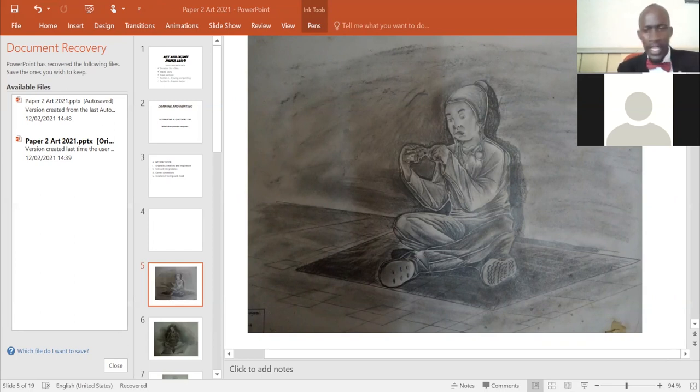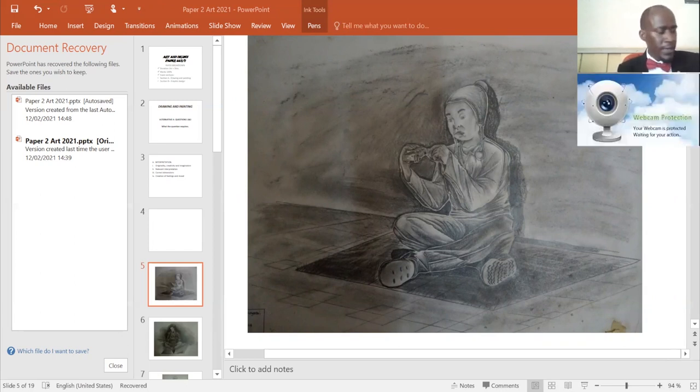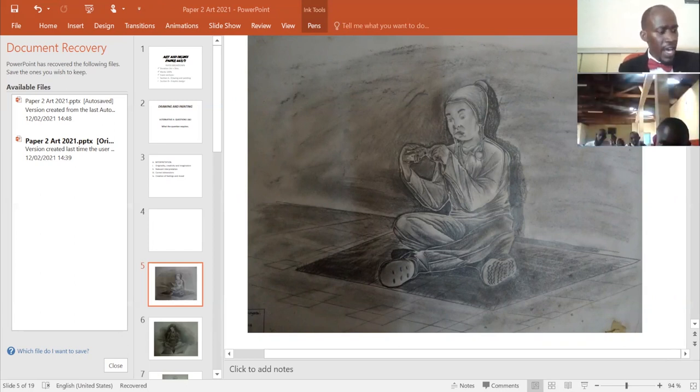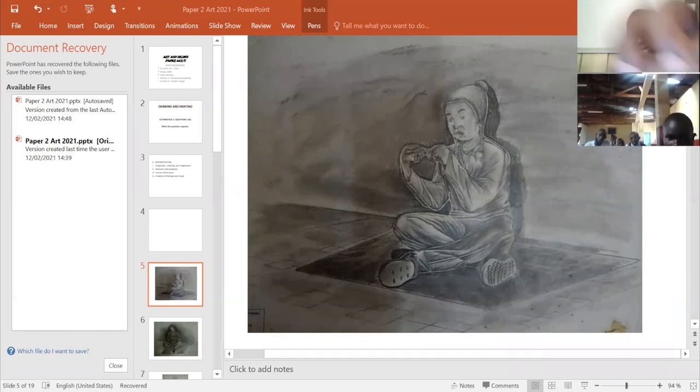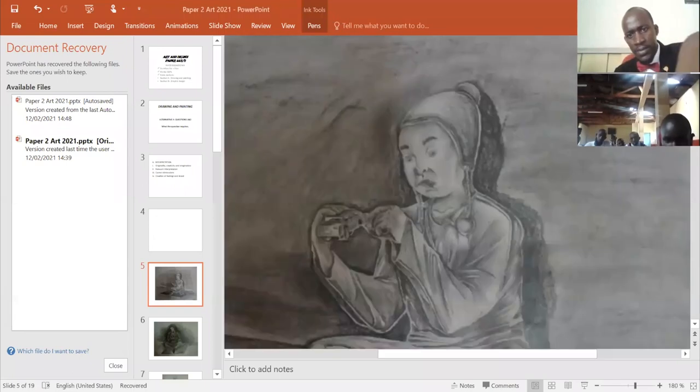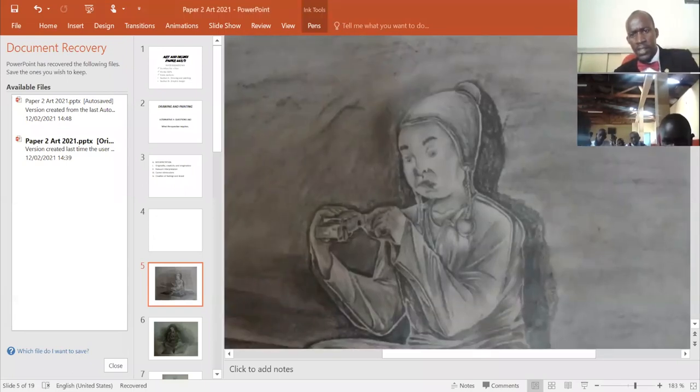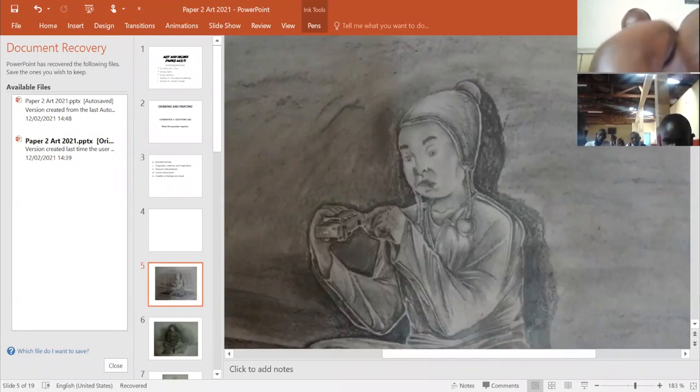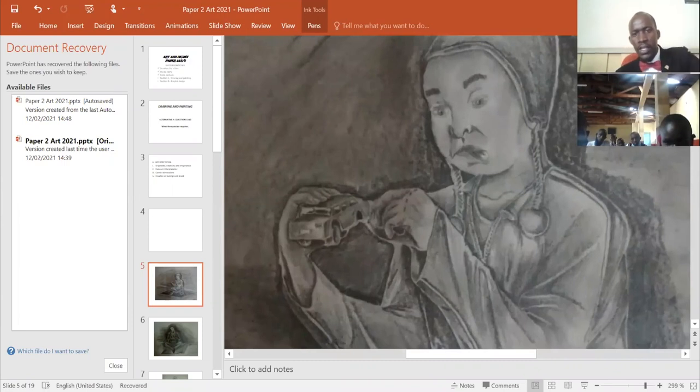Well done. Then look at, is there a creation of feelings and mood? Look at the face. Is there the mood created? And then look at the action. Look at the hands.